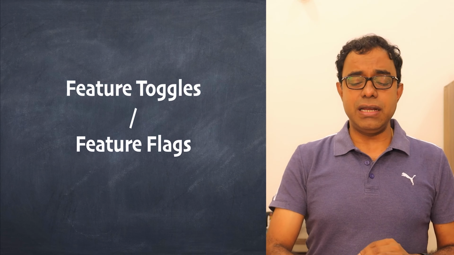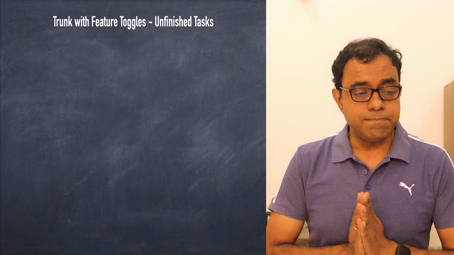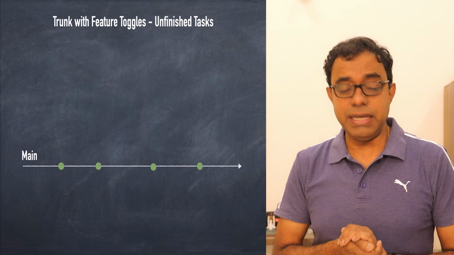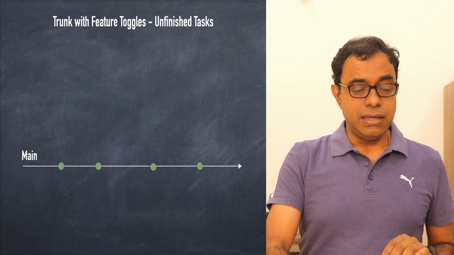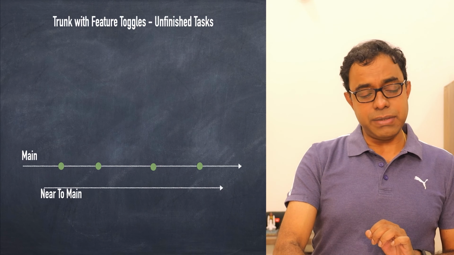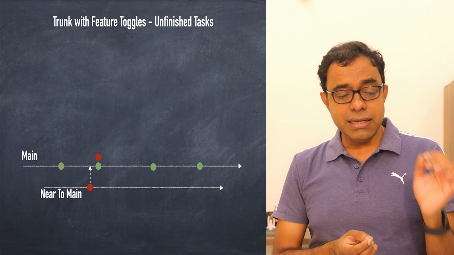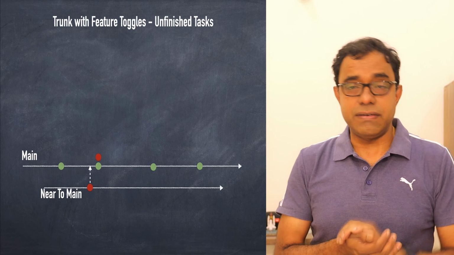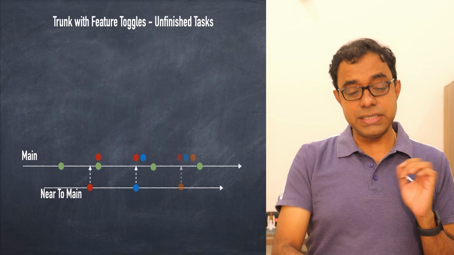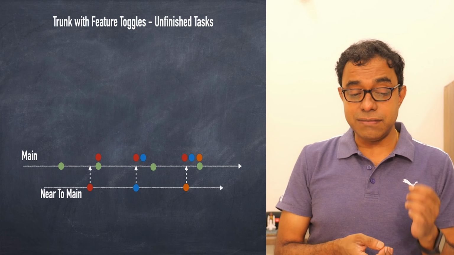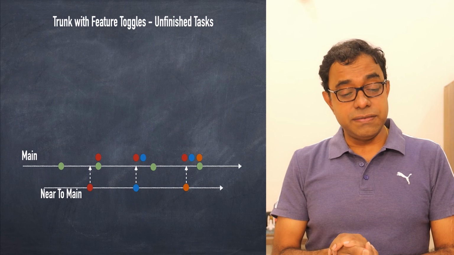Now let me explain how it works. Let's talk about a main branch which has a feature depicted in green color. And near to the main branch, I am creating a feature called red feature. After some time, I am creating a feature called blue feature, and after some time, a feature called orange feature.